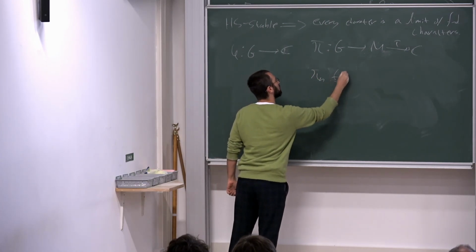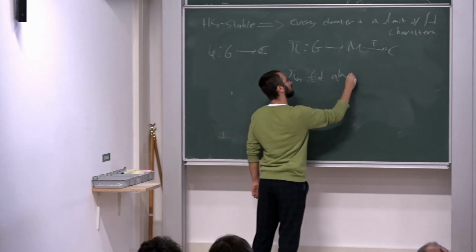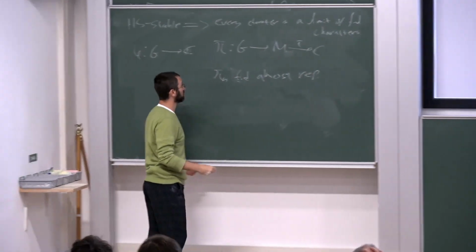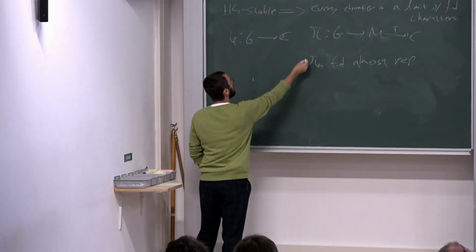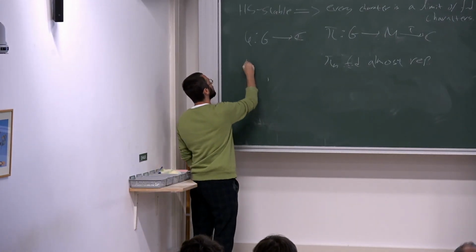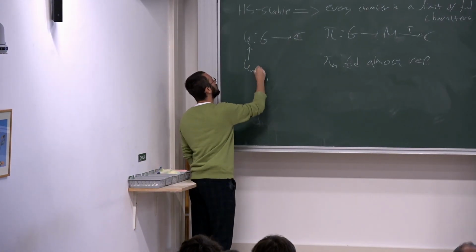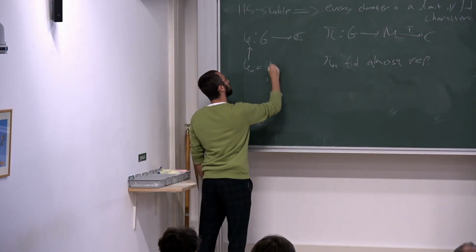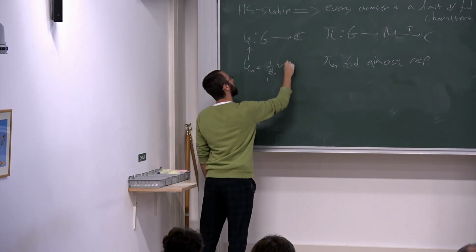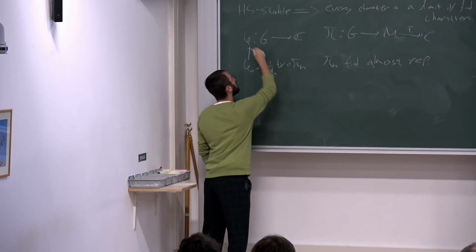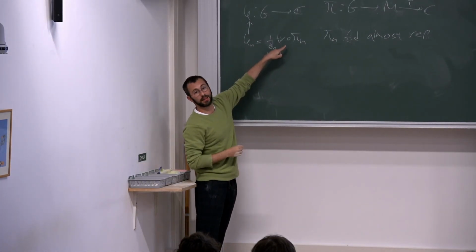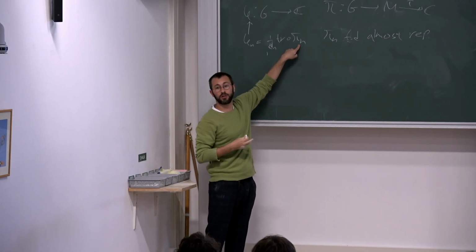Finite dimensional almost representations. We're looking for finite dimensional approximations that converge to pi, converge in the sense that the corresponding traces phi n converge to phi in the pointwise topology. Now, these phi n are not exactly characters because pi n are not actually representations.